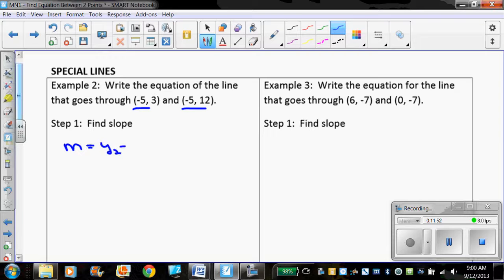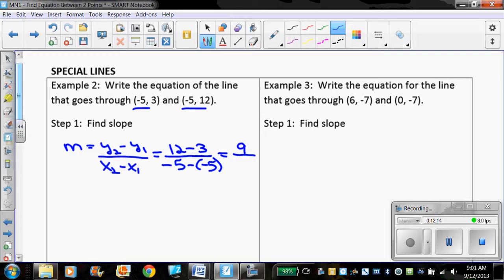We have y2 minus y1 over x2 minus x1. I'm going to take that second point and use it as my second point. So 12 minus 3 over negative 5 minus a negative 5. The top is going to give me 9.